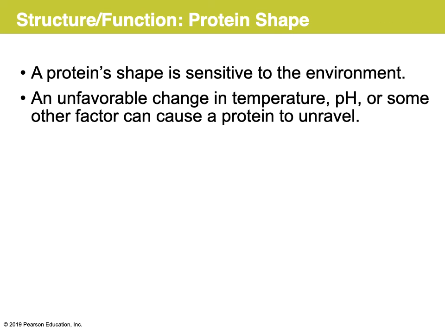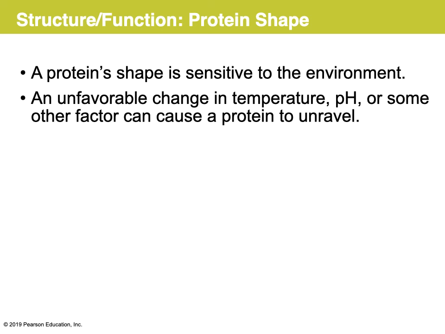Now, protein shape is sensitive to the environment. So an unfavorable change in temperature, pH, or some other factor can cause a protein to unravel. So when you see that complex folding of a protein, one of the things that holds those folds together are hydrogen bonds.